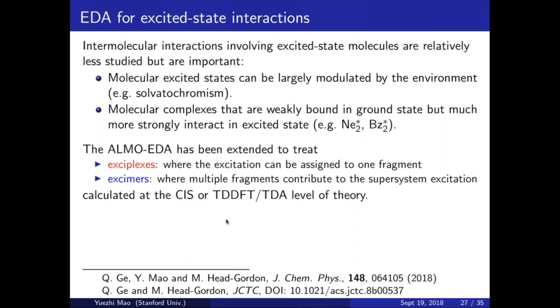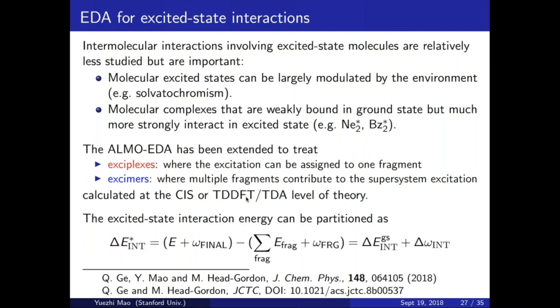These excited states are calculated at the CIS or TDDFT within the Tamm-Dancoff approximation level of theory. And much similar to the MP2 EDA, the excited state interaction energy can be partitioned into the ground state interaction and also the contribution of the interaction to the shift in the excitation energy.